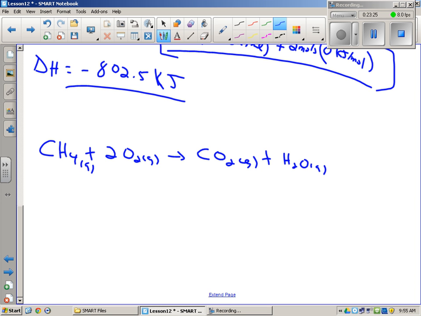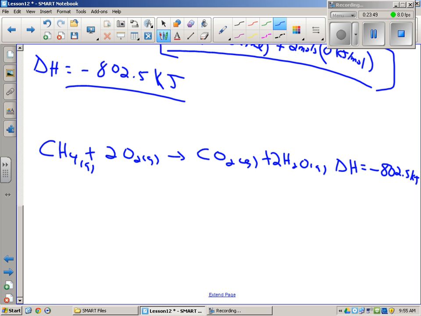What was the carbon dioxide again here? 1 and 2, right? Okay. And over here, you'd put delta H equals negative 802.5 kilojoules, right? You've just found that last delta H. You can do that now. You have the power, right? Hallelujah.